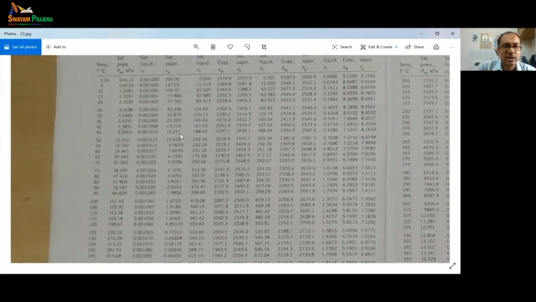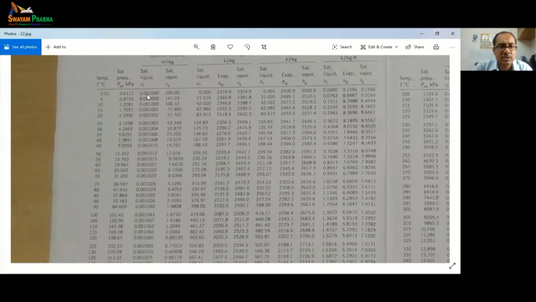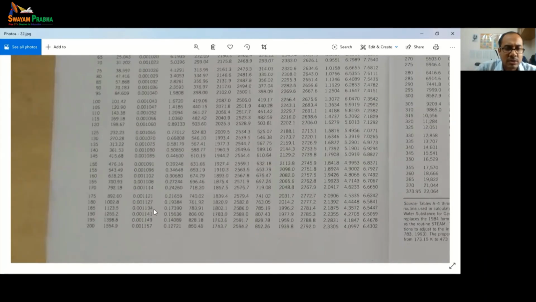The third and fourth columns are vf and vg. Corresponding to 200 degrees centigrade, vf is 0.001157 and vg is 0.12721, both in meter cube per kg. So we obtained these values.